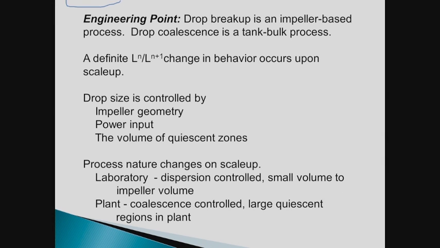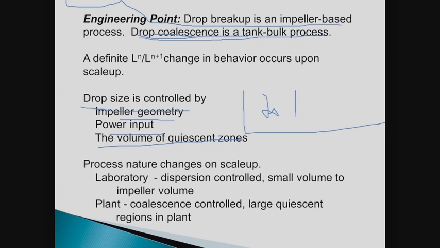So we have drop breakage is an impeller-based process. Drop coalescence is a tank process. So drop size is controlled by the impeller power input and the volume of quiescent zones. You have mixer settlers. You have a portion where you have the thing being mixed, and then over here you have the settler, so to speak.